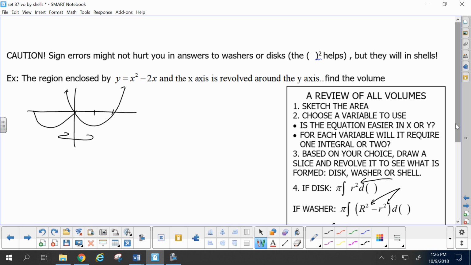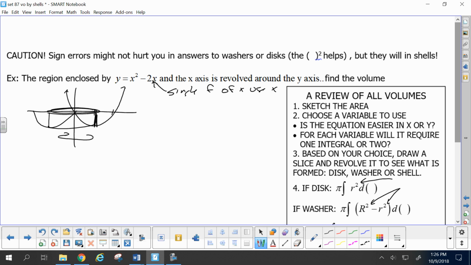It's already a single function of x, but it would be 2 functions of y, so I definitely want to use x. If I use x, then my slice goes this way. If a slice that way is revolved, I get this kind of figure.